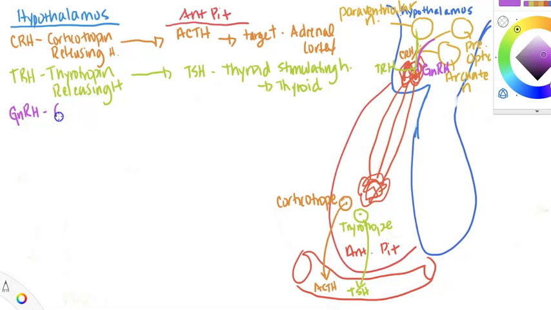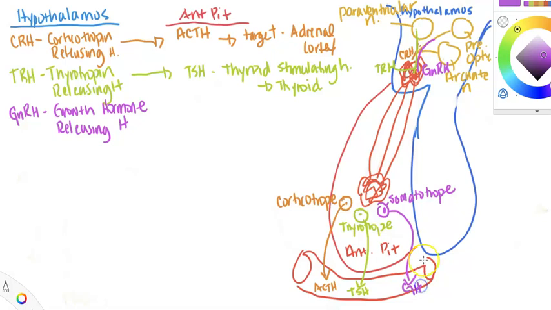So this is growth hormone releasing hormone. And again, it goes down the bloodstream into the second capillary bed to a somatotrope. And the somatotrope then will secrete growth hormone into the blood.